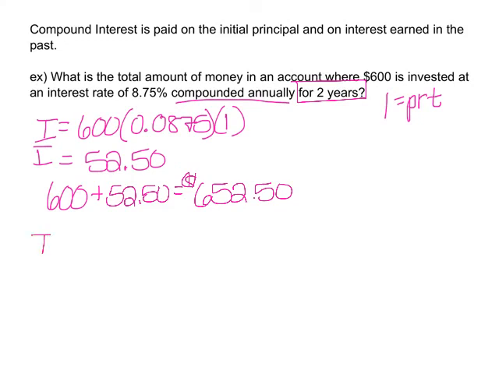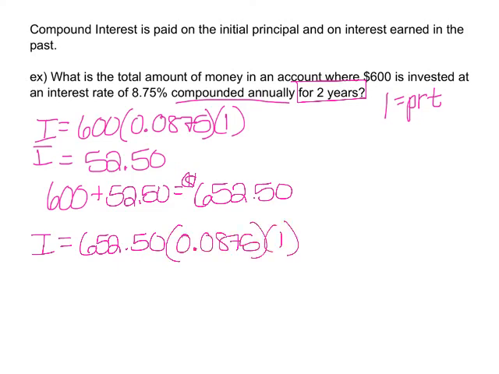So my interest equals my principal, so what's left in my bank account, so that's $652.50 times that rate, and this is just another year. So now my principal has changed because I'm compounding it on that original one. So I have $652.50 times 0.0875.